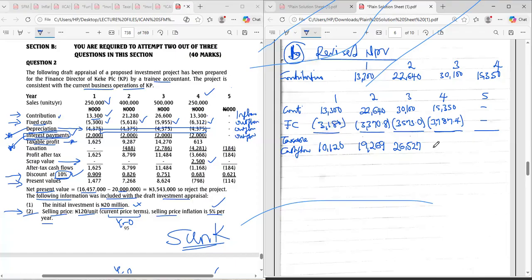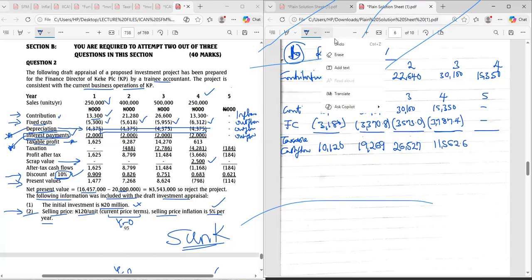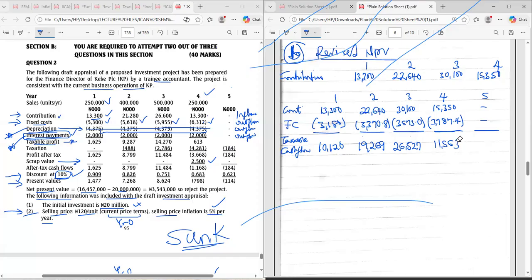Is she correct? This is 15,350. Is she correct? 11,5 what? Okay, no point in the rest. 11,563. Any question? Any question, please?